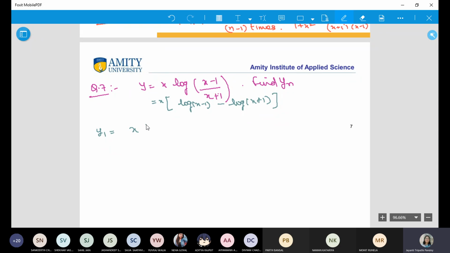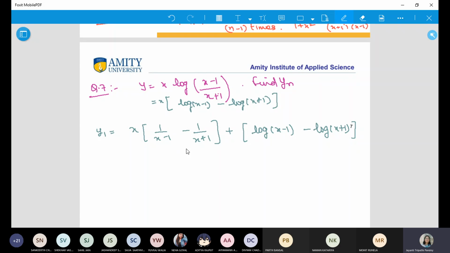This will give you x into 1 upon x minus 1 minus 1 upon x plus 1 plus log (x minus 1) minus log (x plus 1). Now in this case, though we are able to get the first term, which we know the formula for, the second term is there which we do not know. So what we will do, we will differentiate it one more time.